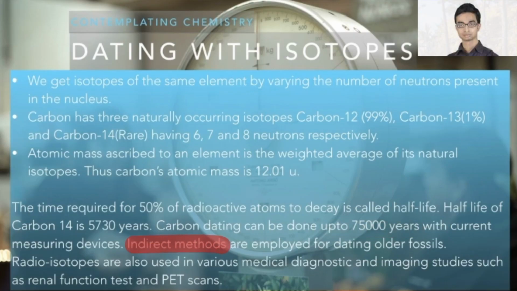Sometimes indirect methods are employed where radioactive elements present in the sediments deposited in layers above and below the fossils are dated, and the fossil is assigned a date in between the two. It is used when the said element is not present in the body of organism, like uranium-238.